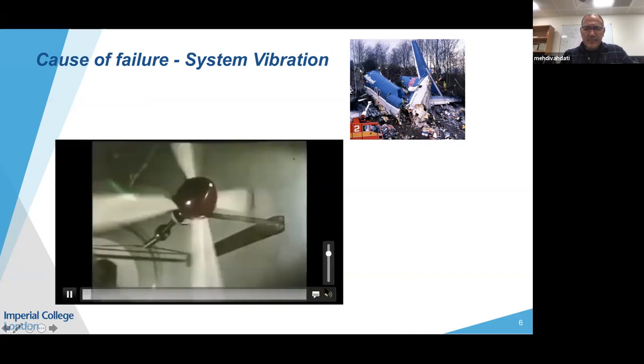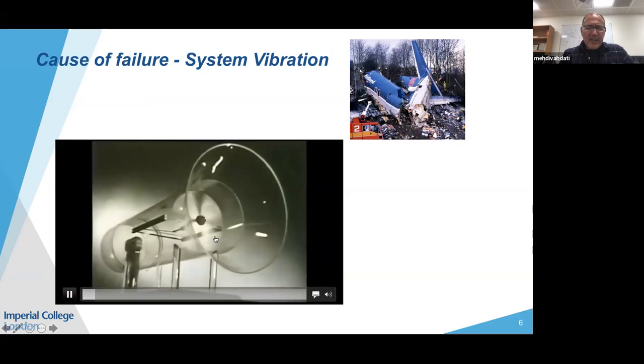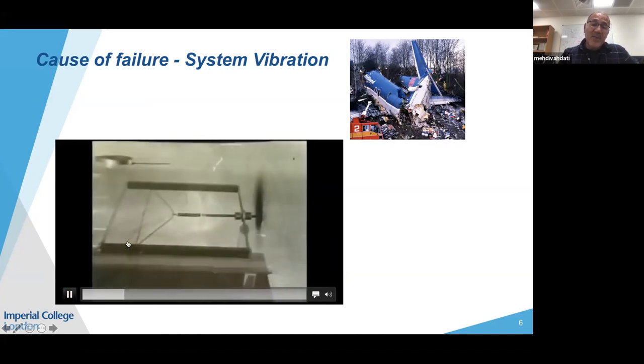And here is a high-speed motion picture camera view of the shaft of the test propeller. You can see that you start revving a fan blade. This is representative of a fan blade, and through some elastic bands it is connected to a shaft, to a component at the back, which can be representative of the LP turbine, which turns the fan blade. You can see as the loading on the blade increases, the fan blade starts shaking around.